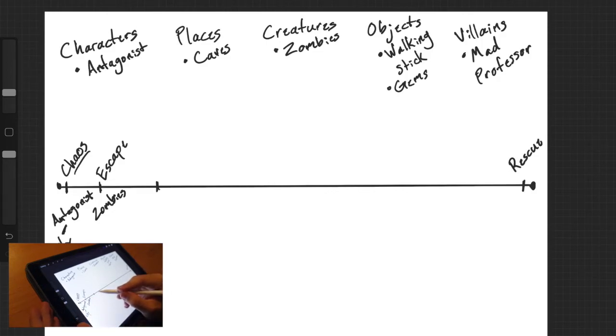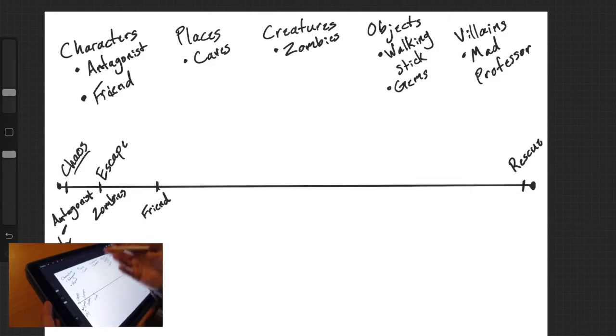Then a little bit longer, we'll say the antagonist meets a friend. So this would be maybe your sidekick character, or just someone who helps your antagonist along the way. And we'll put this person right after the escape.